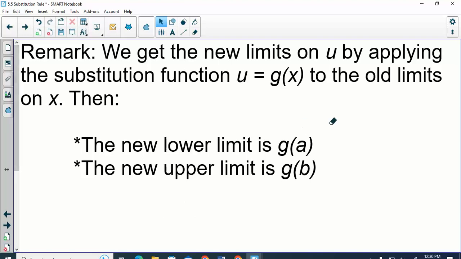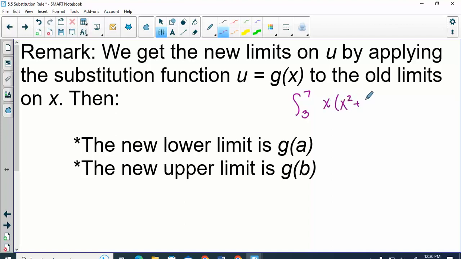So for instance, if we were going to integrate from 3 to 7 of x times x squared plus 1, what would your u be? I'm going to make it really easy. I'm going to make that 2x.